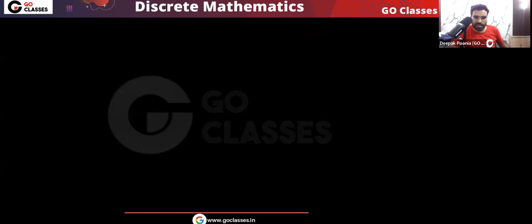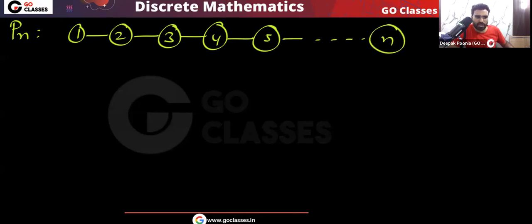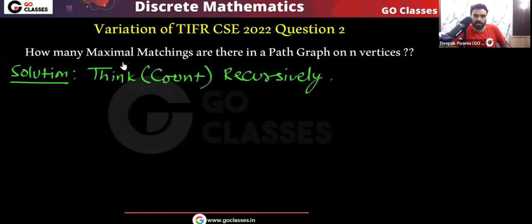We have the path graph on n vertices, Pn, with vertices 1, 2, 3, 4, and so on. This is the path graph on n vertices that is given to us, and we need to count the number of maximal matchings. This is what we need to count.